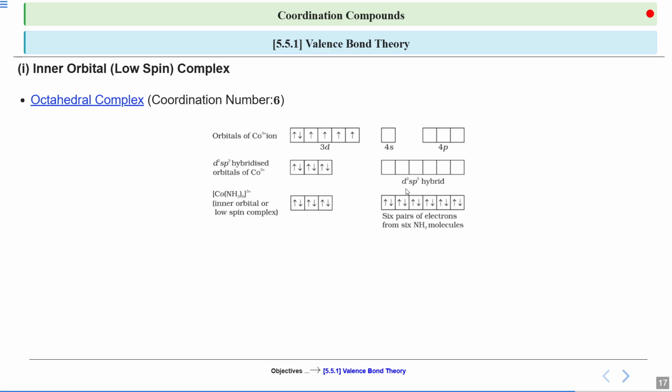Two boxes, or energy levels, inside the 3d orbital are going to be empty, because these electrons are paired up with these electrons, right? So these 2 boxes inside the 3d orbital are empty.